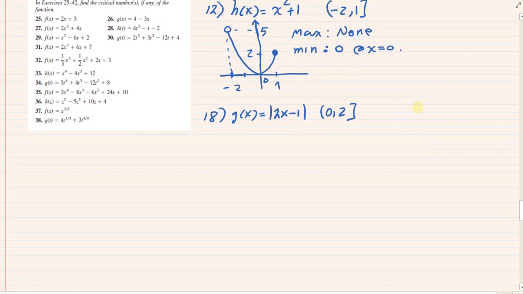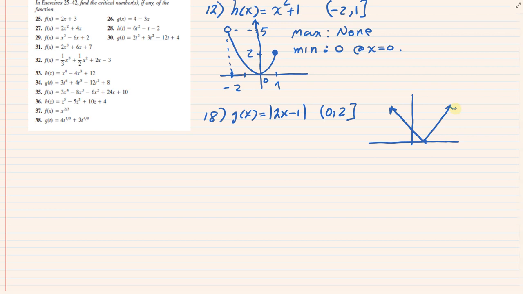Okay, and for the absolute value function, let's see, when x is 1/2, y is 0, right? 2 times 1/2 is 1, minus 1, 0, and then you have this general absolute value graph. So that's what number 18 is going to look like. Now, of course, this is only from 0 to 2, right? So this portion goes only this much. It only goes to 0.